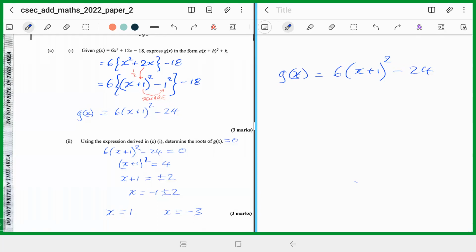All right, think about this now. This squared term here can only be greater than or equal to 0. Get me? The squared term here can only be greater than or equal to 0. It can't be less than 0. The lowest value that this squared term can be is 0.